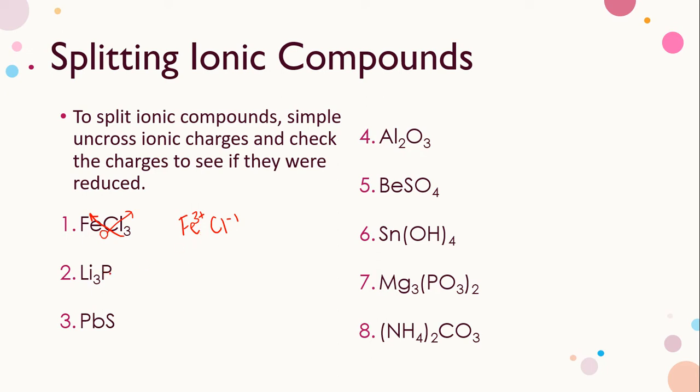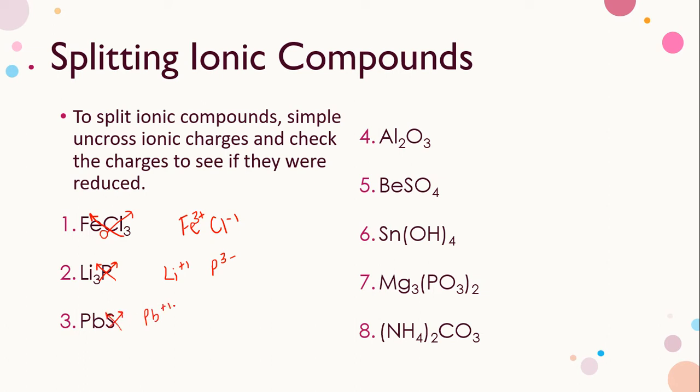Looking down here, we can uncross it. When we uncross it, lithium appears to have a +1. Phosphorus gets a 3 negative. Yeah, that makes sense. Lithium's part of group 1 and phosphorus is part of group 5. Then when we get down here to PbS, we uncross it.